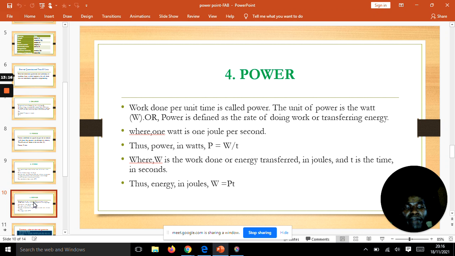So we have a mathematical expression that governs power: P = W/T, where W represents work and T represents the time taken to do that work. Therefore, work can be given by PT, since work is the same as energy.